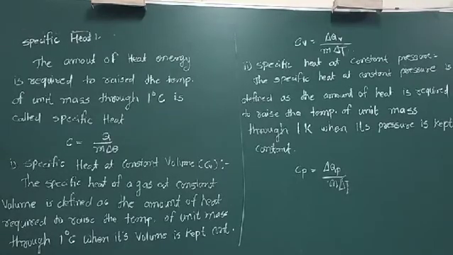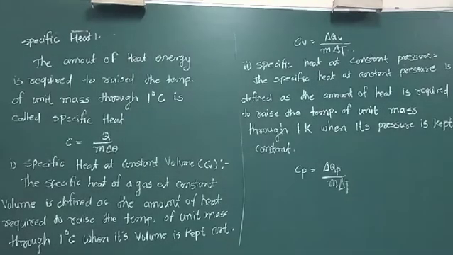The amount of heat energy required to raise the temperature of unit mass through 1 degree Celsius is known as specific heat. So specific heat is denoted by C, and C is equal to Q upon m delta theta.